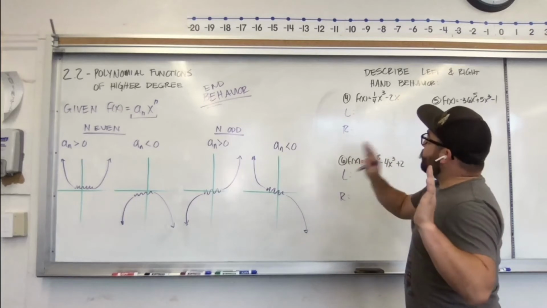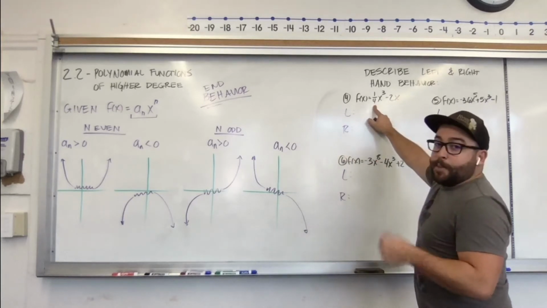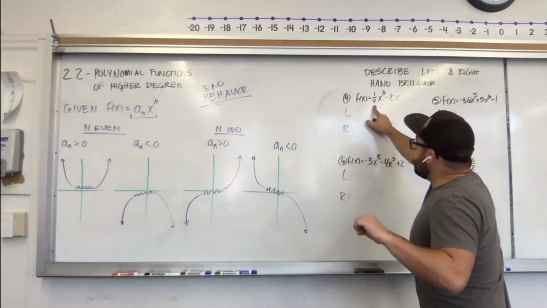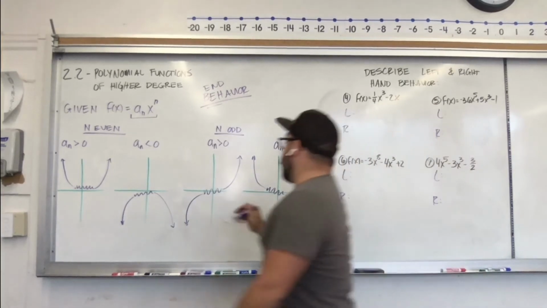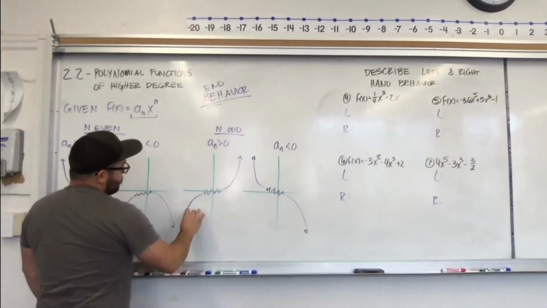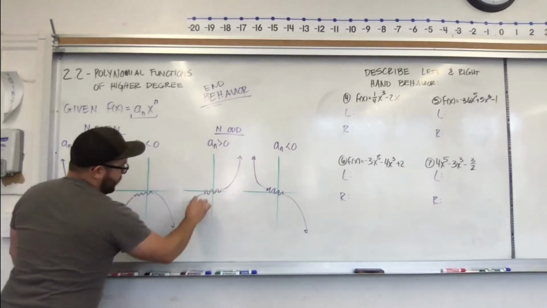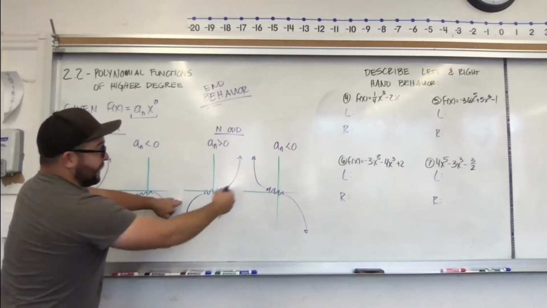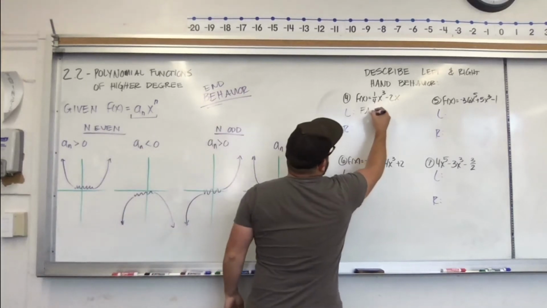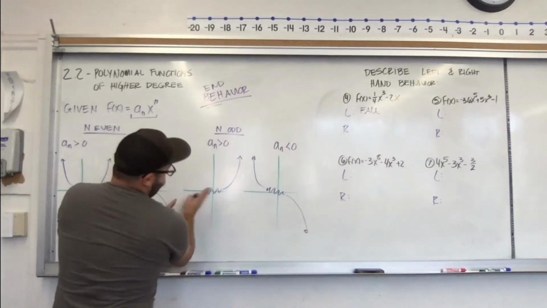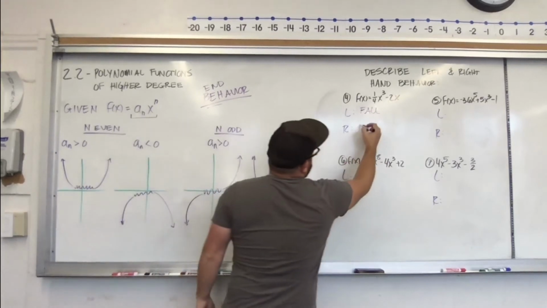We're just worried about the general shape. Is this 1/4 positive or negative? Well, it's positive. So this graph of this polynomial is going to look roughly like this third one right here. So to the left it's falling, and then to the right, it's rising.